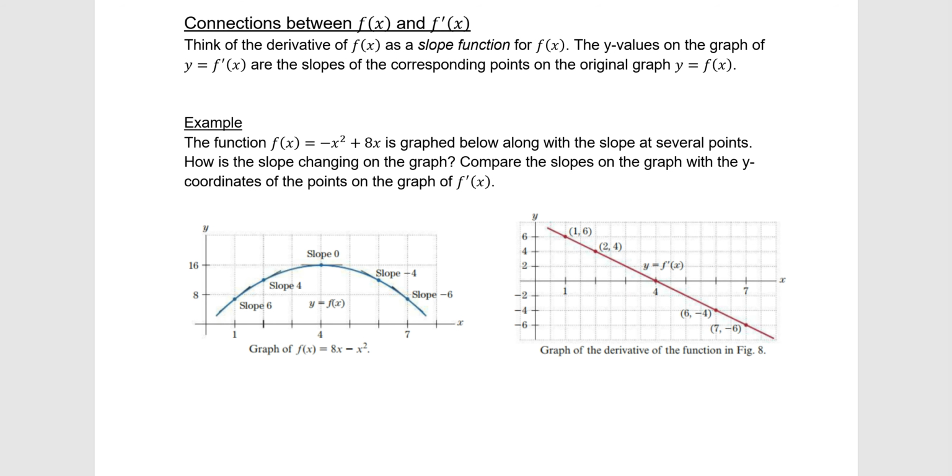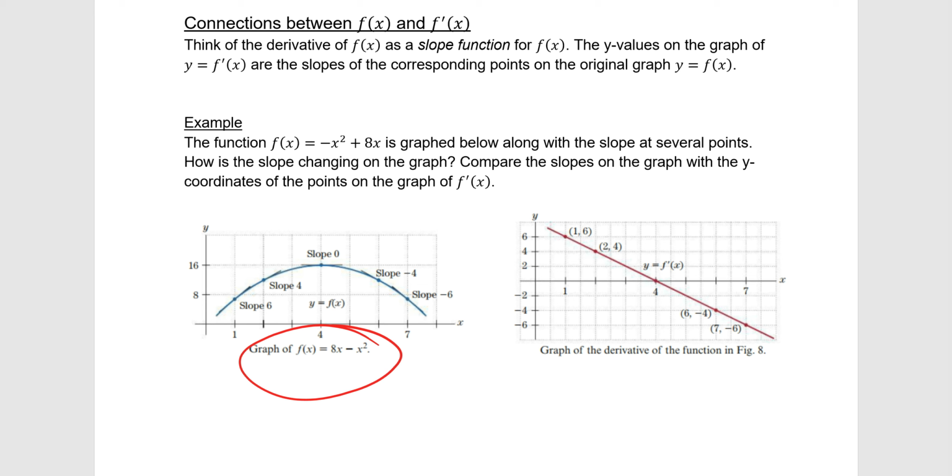So taking a look at this example, we have a function f of x is negative x squared plus 8x, and that's graphed over here on the left. And we have a couple points graphed on the function with a couple of their slopes.